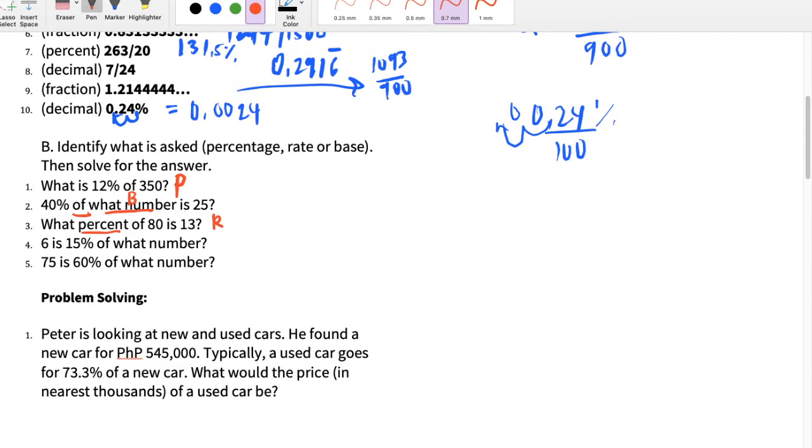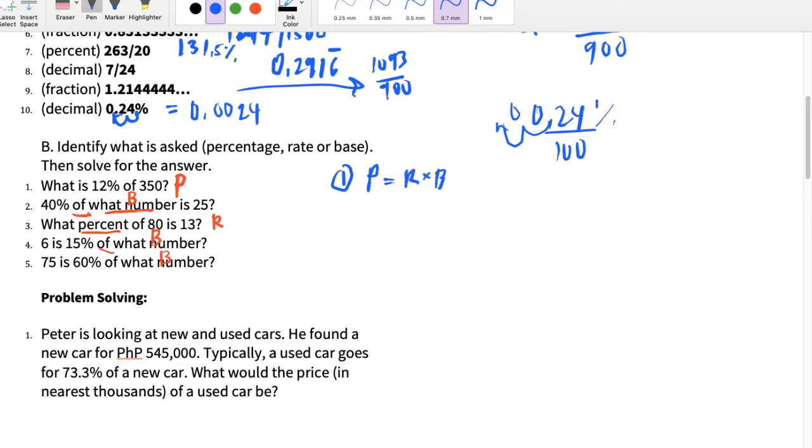Number 4. 6 is 15% of what number? Of the base. Yun yung hinahanap natin. So, the same din. Sa number 5, 75 is 60% of what number? Base. Okay? So, solve natin isa-isa. For number 1, percentage is equal to rate times base. Okay?